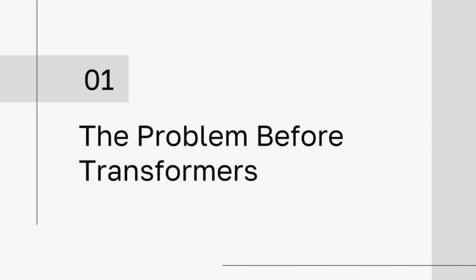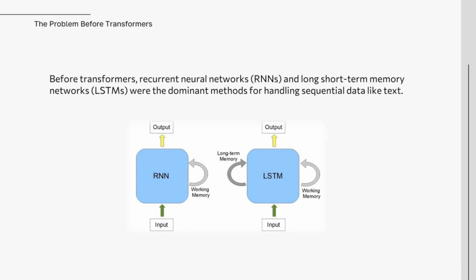Now that we have covered why transformers are such a game changer, let's take a step back and understand what the landscape looked like before their arrival. Before the rise of transformers, models like recurrent neural networks or RNNs and their more advanced counterpart, long short-term memory networks or LSTMs, were the go-to methods for handling sequential data like text.